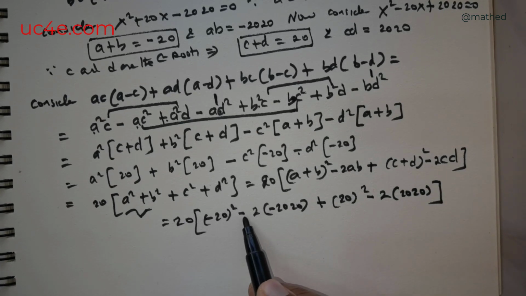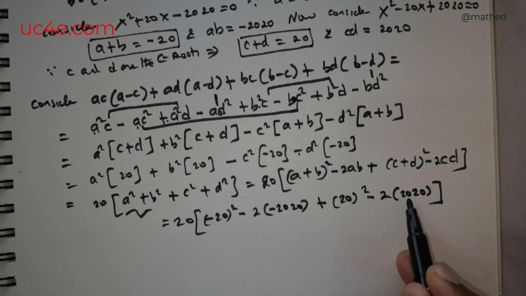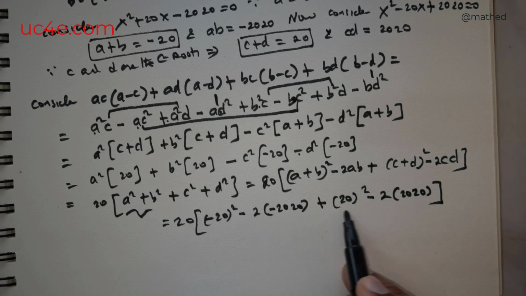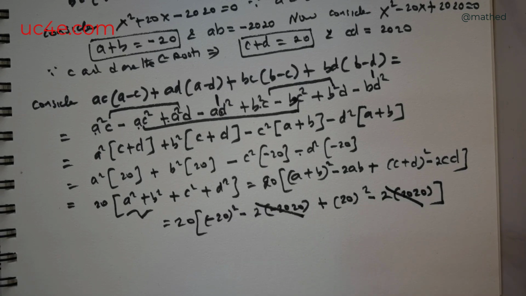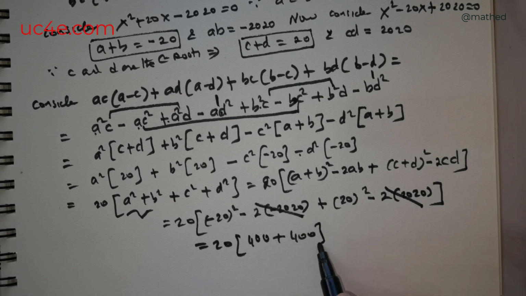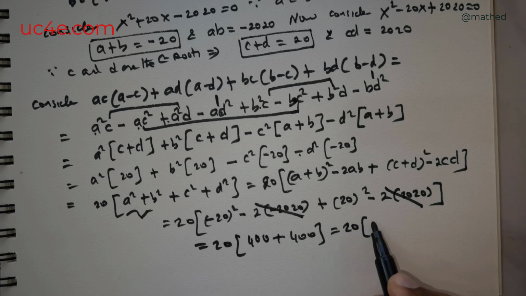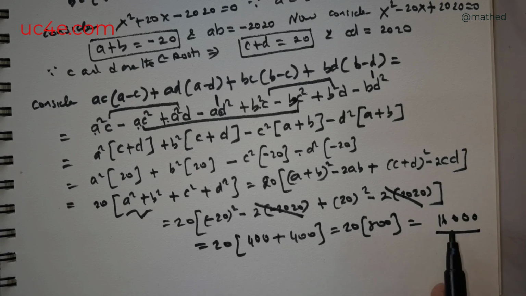Now negative, negative is positive, and you got 2 times 2020, so this is negative and this is positive, so they both get canceled off. And what have we got? We got 20 times 400 plus 400. This is 20 times 800, which is equal to 16,000.